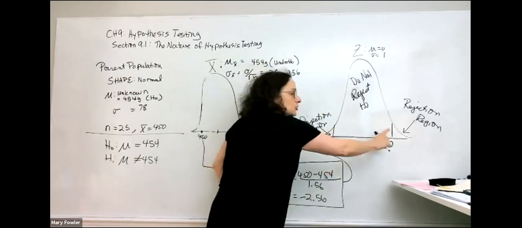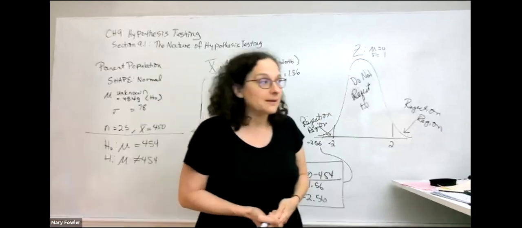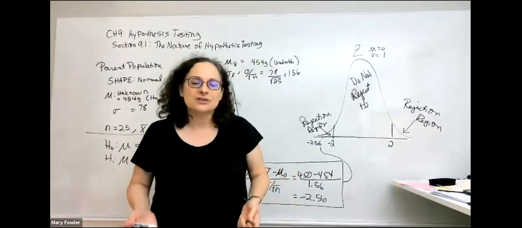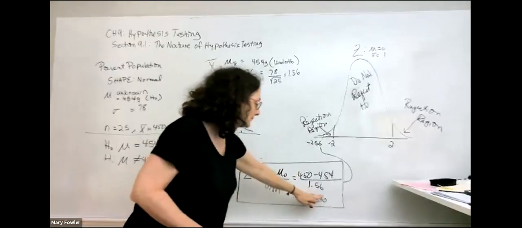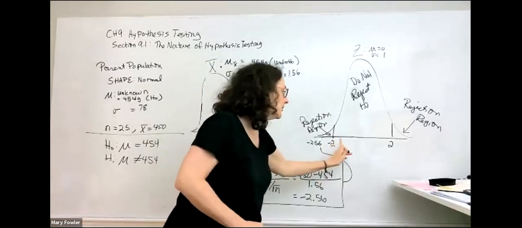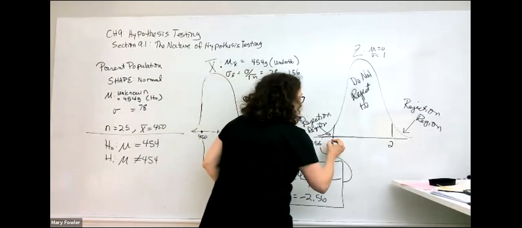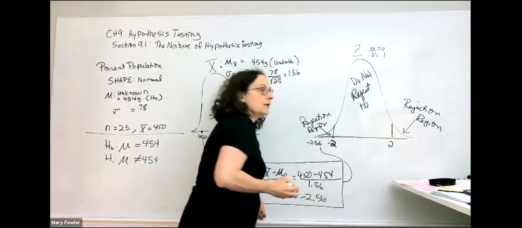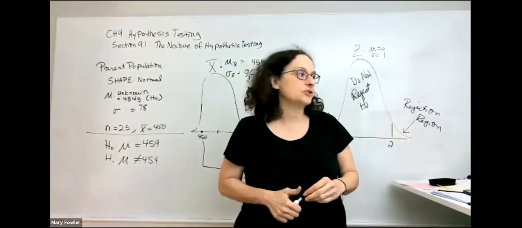This -2 and 2, they are called the critical values. It doesn't usually happen, but if you actually calculated a z-score and came up with exactly 2, then you would be part of the rejection region. So the critical values are formally part of the rejection region.